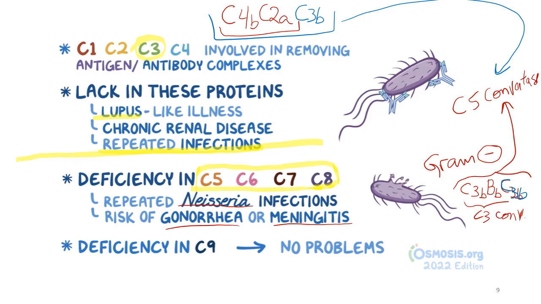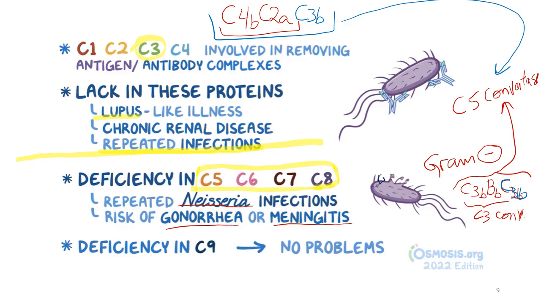Now what's going to happen? C5 convertase is going to get C5 and break it into C5b and C5a. C5b goes on the surface and collects the other guys that do not need to be cut. So you get C5, you get C6, C7, C8. That is enough to make a pore, to make a hole on your bacteria.